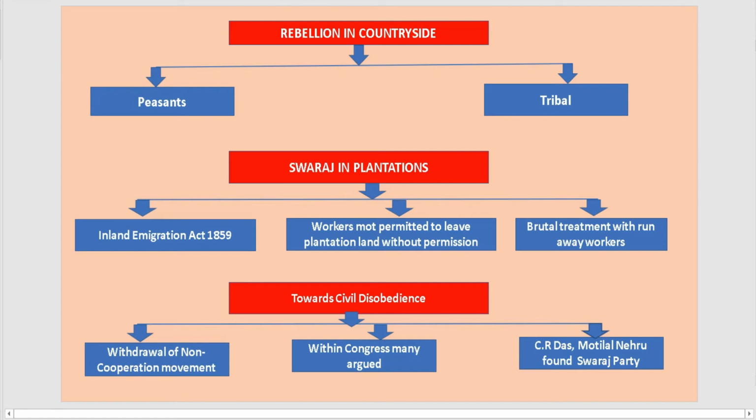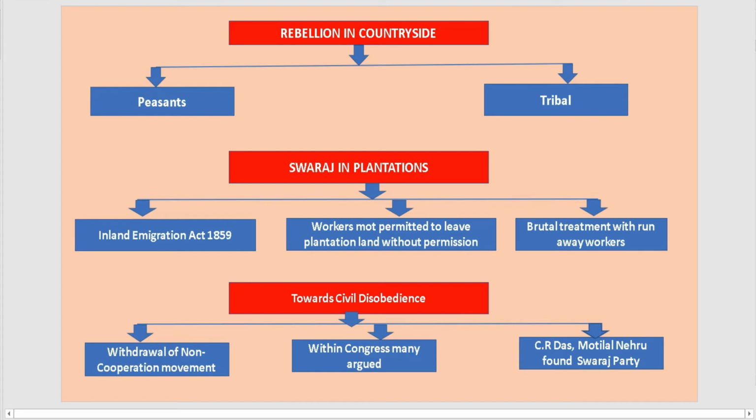It is very important; many times this year is asked in the exam. According to this Act, passed by the Britishers, the workers working there were not permitted to leave the plantation land without permission.